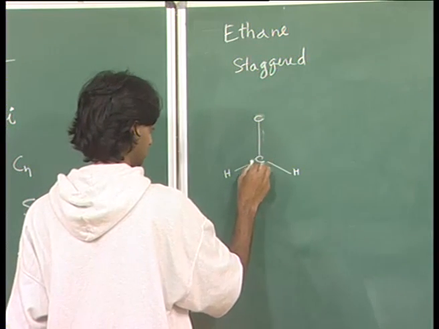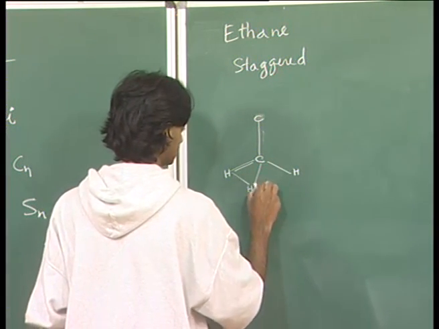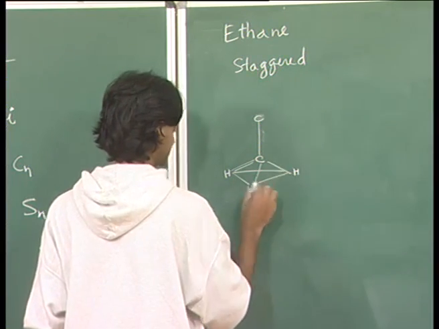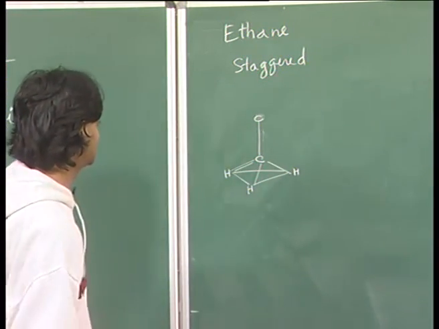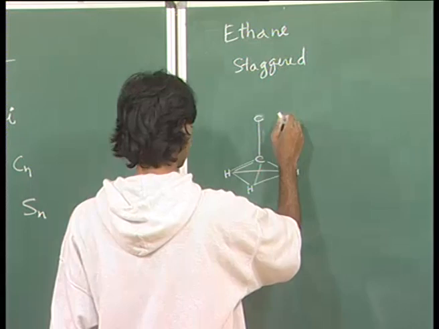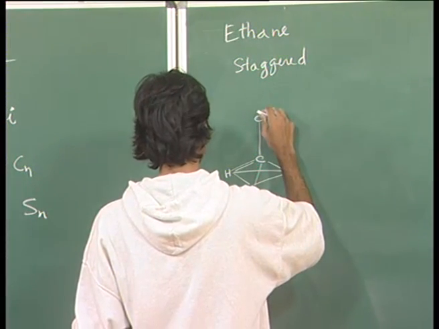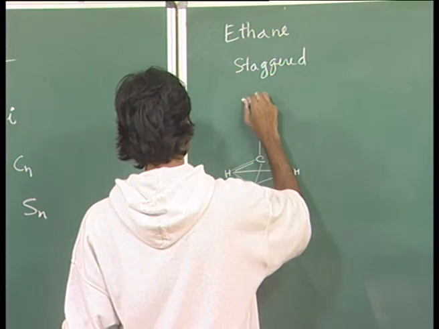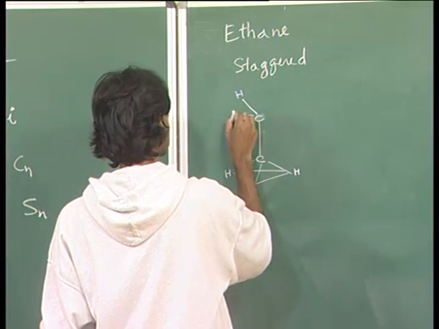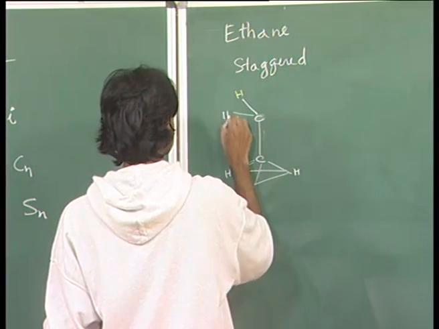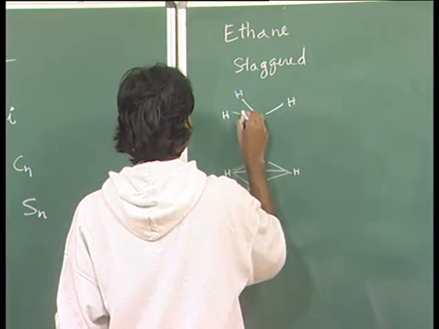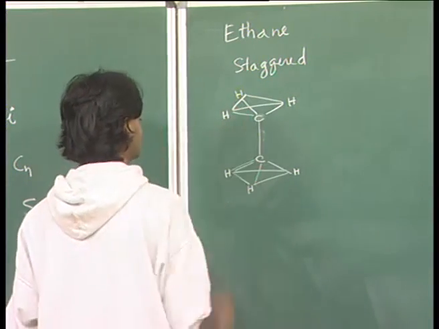So if these three form a triangle this way, then you can show them in the following way. Okay, so they will go this way.